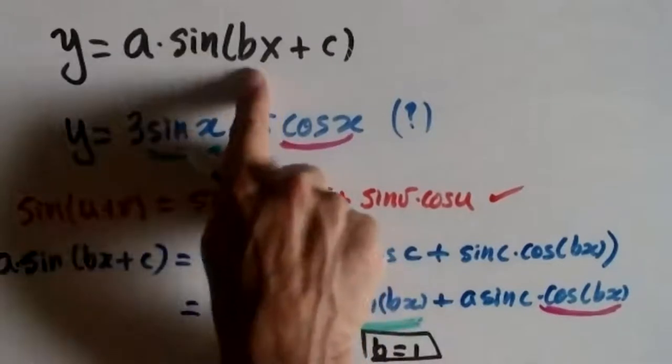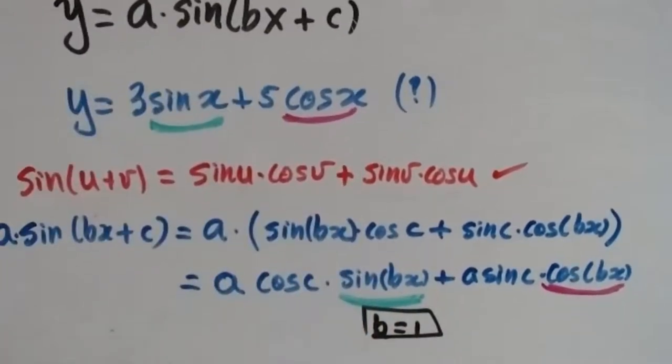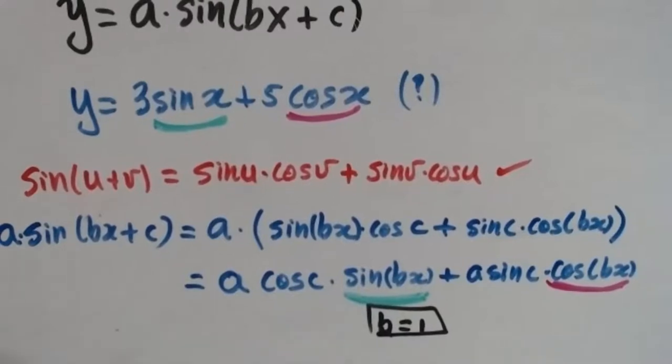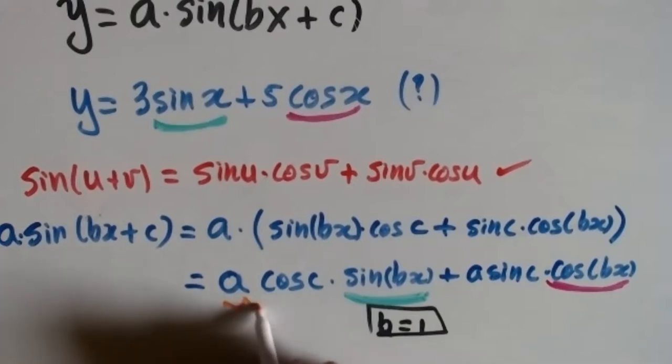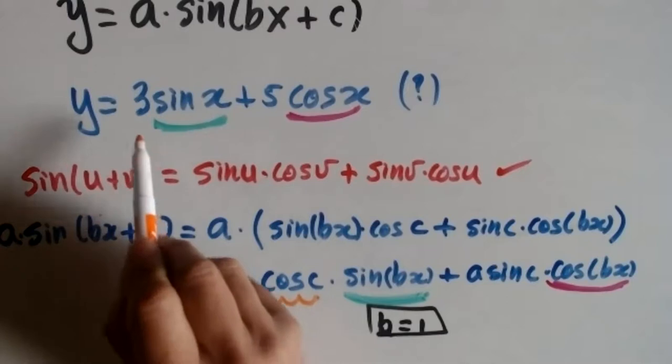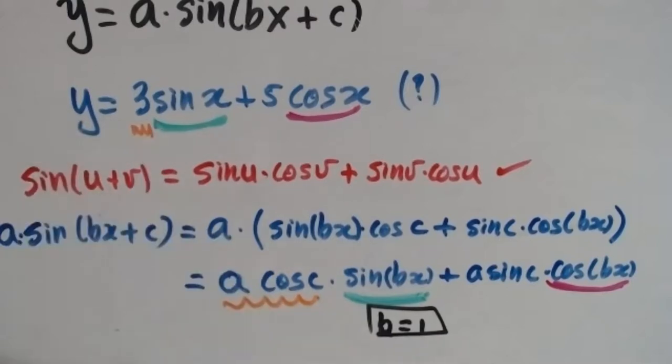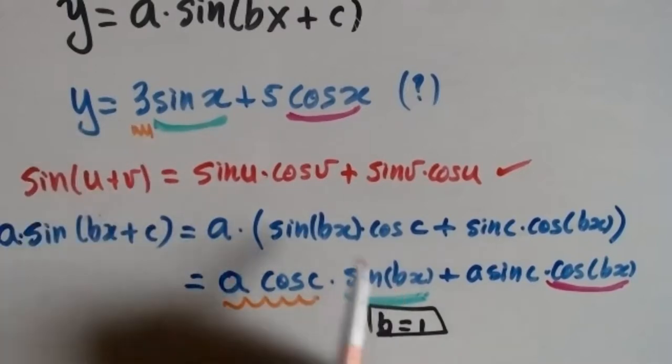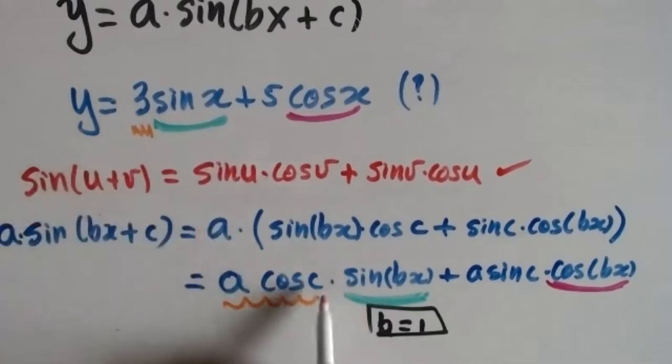Right here, b is 1. Now let me just match the other parts. So I'm going to use now this wiggle line, this one. I'm going to match with these three, you see? Because I match this sine with this sine, this in front of the sine has to match the 3. And now, this other one, let me just use a different color, this brown.